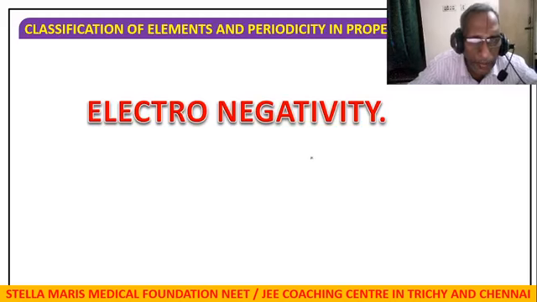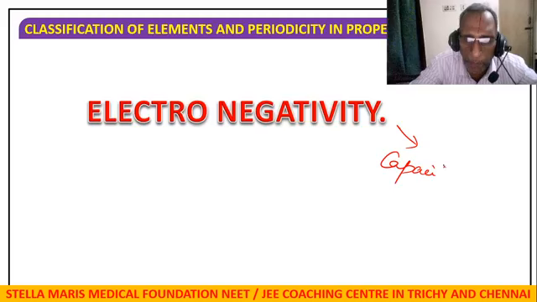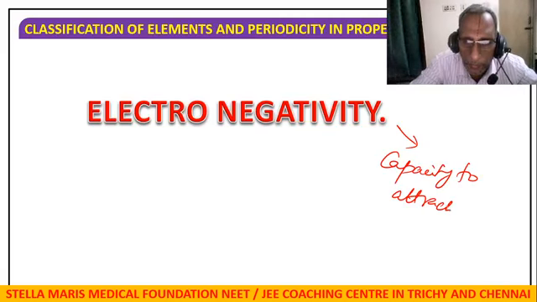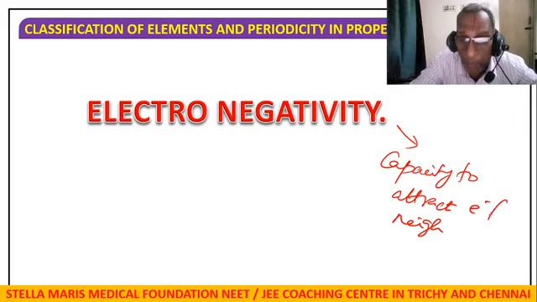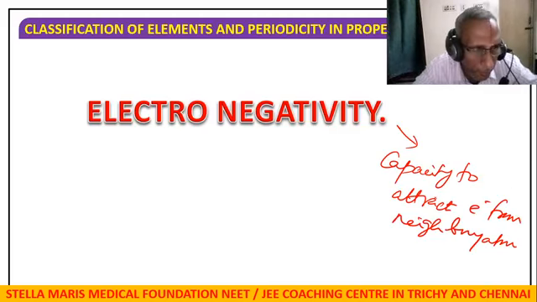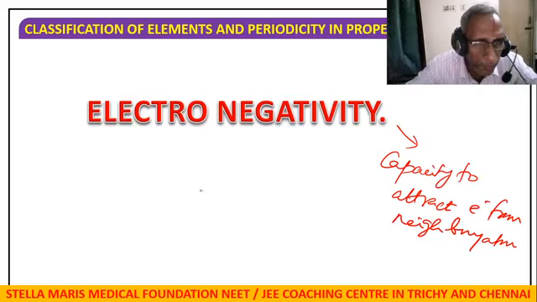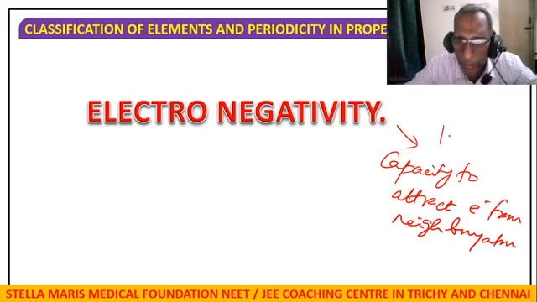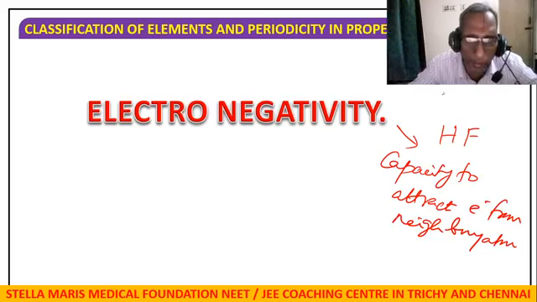So, electronegativity means capacity to attract the neighboring electron or electron from neighboring atom. It is like stealing others' electron, other atoms' electron. So HF means hydrogen fluoride.